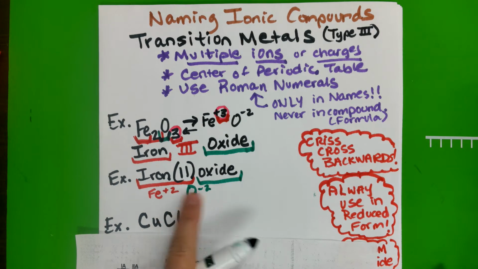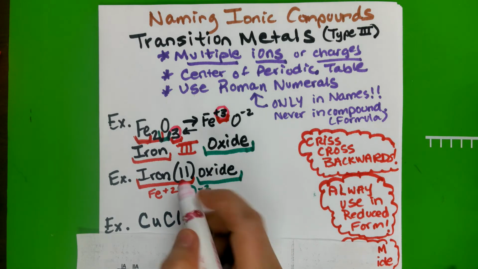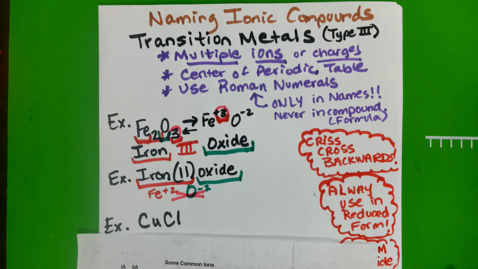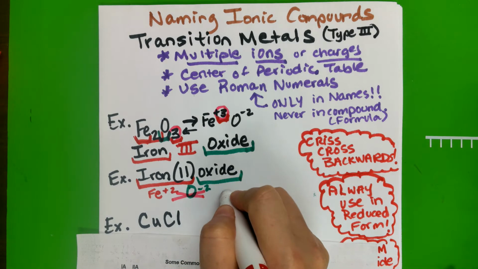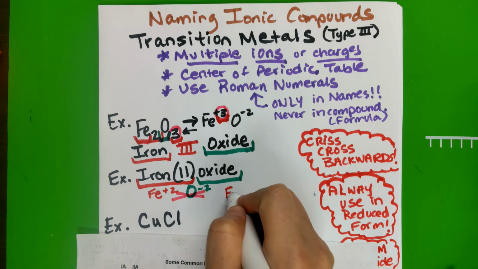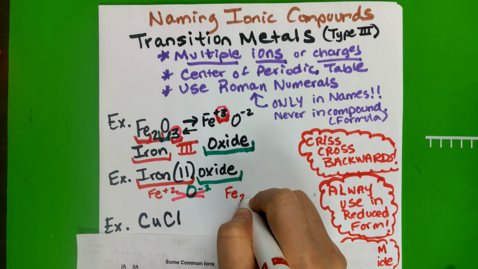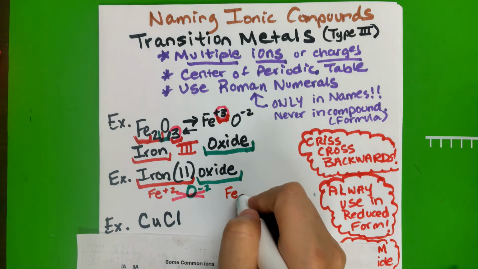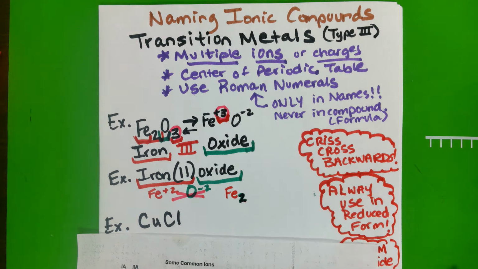Don't forget that you have to crisscross. So that goes there and that goes there, right? So that means it will be iron, and that would have a 2. And actually I should make it green so you guys can see how it crisscrosses.